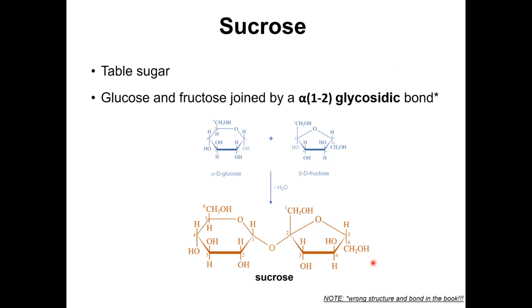So make sure that you use this one to identify sucrose if I ever ask you on a test. The joining together is between the carbon 1 of this alpha glucose and the carbon 2 of this fructose molecule. Hence, this bond is referred to as an alpha 1,2 glycosidic bond, which gives us sucrose, which is actually your table sugar, the one you use maybe in your coffee.